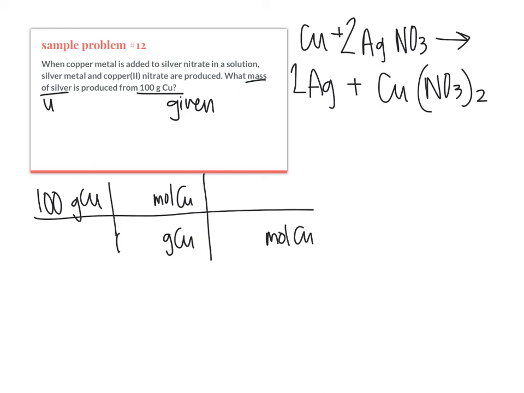And then we can go moles. What are we trying to get to? Silver. That's on top, that's on bottom. And we're trying to get to grams of silver. Okay, yay. Okay, the mass of copper is 63.5.